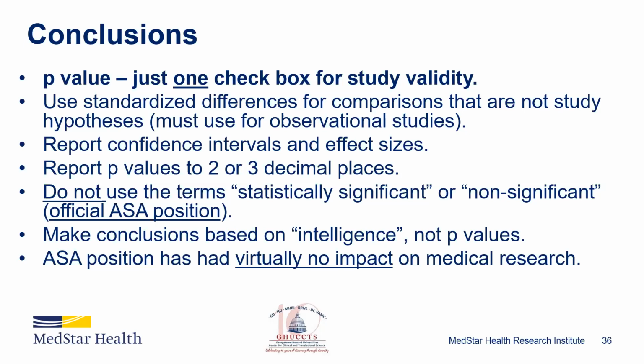And I wanted to conclude by saying that in the 2 or 3 years that the ASA has had their position out on use of p-values and statistical significance testing, from what I've seen, it's had virtually no impact on medical research publications, and people still do that. But if you're aware of what a p-value is, then you can make an intelligent decision about the results and the conclusions that they make in any particular study. So I will stop there.